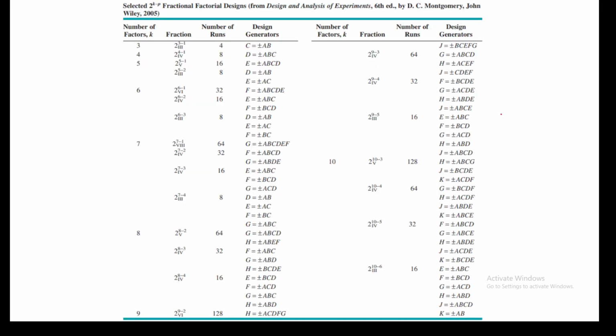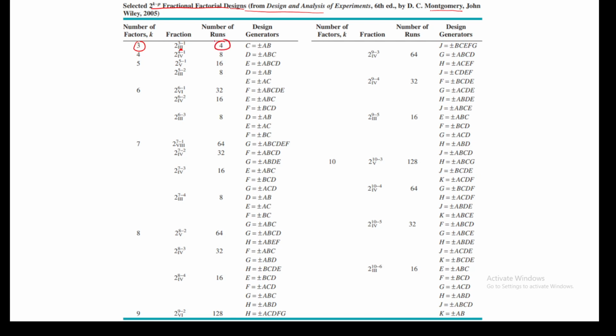According to Montgomery, for the 2 to the power k minus p factorial design, the number of factors we have is 3, with resolution 3.